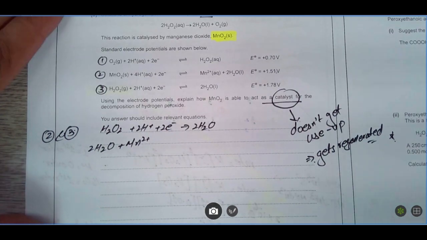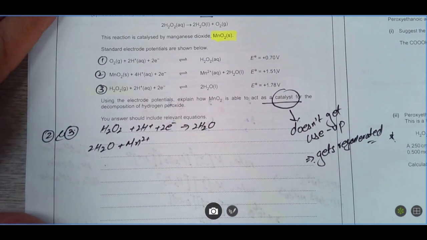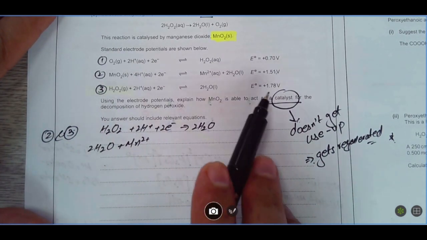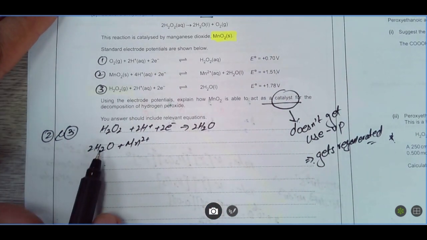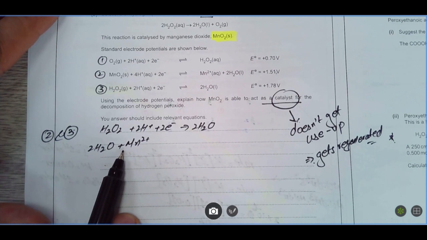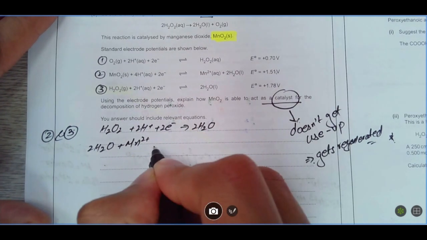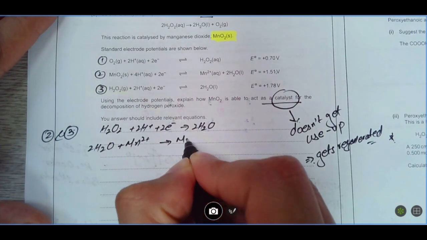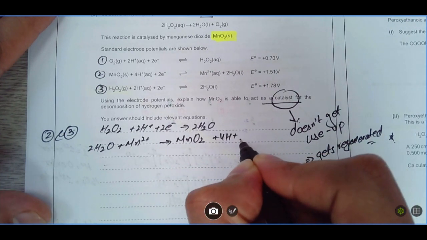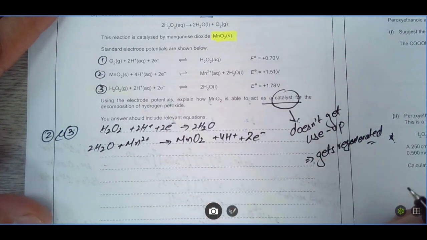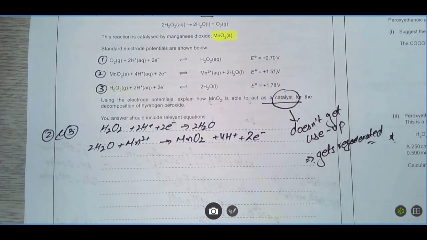Listen first. If I look at 2 and 3, I wrote the third equation first. It has a bigger electrode potential in the forward direction. The second equation will go in the backward direction, giving me 2H2O plus Mn2 plus, and this will then produce MnO2 plus 4H positive plus 2e minus. If I write down the overall equation, my electrons are balanced now.